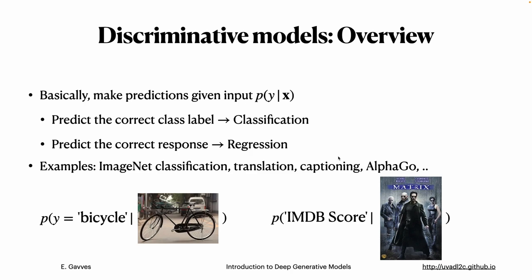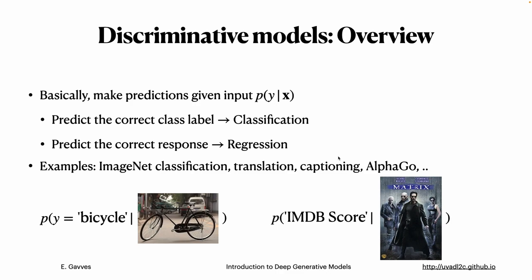So usually discriminative models come with a specific task. I want to classify semantic classes in images. I want to translate one sentence to another, like English to German.